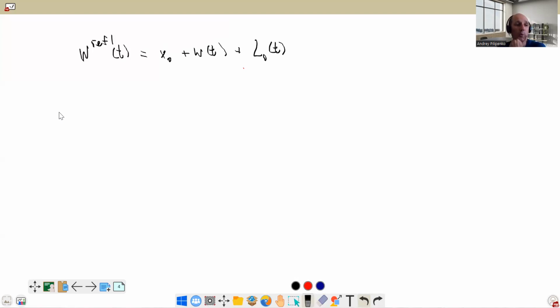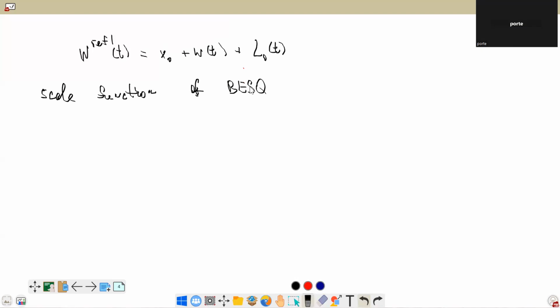Now let me introduce the scale function of a Bessel process, of a square of a Bessel process. May I ask one? Yes. In the first equality, L0 is the local time of W reflected.